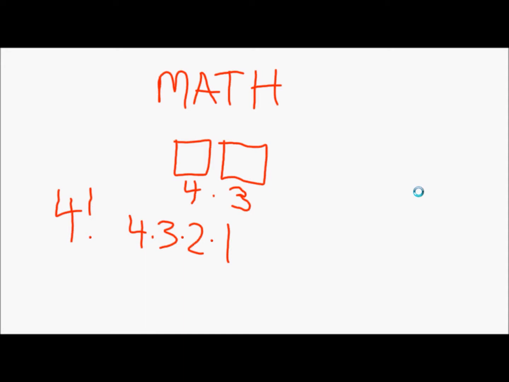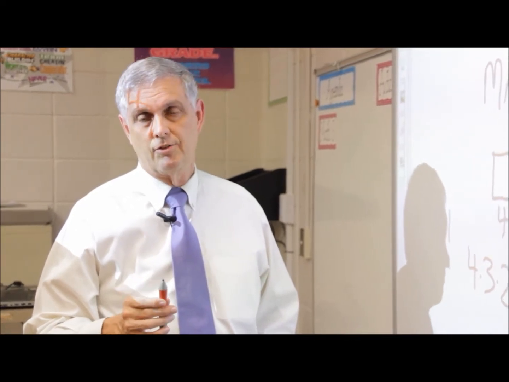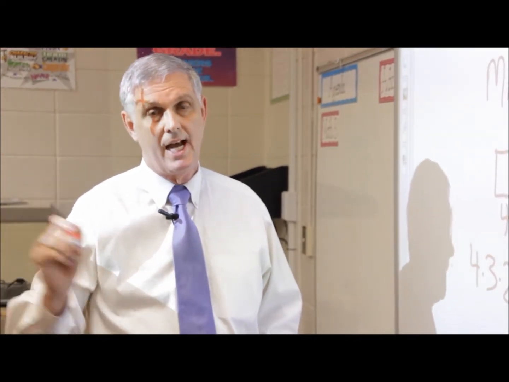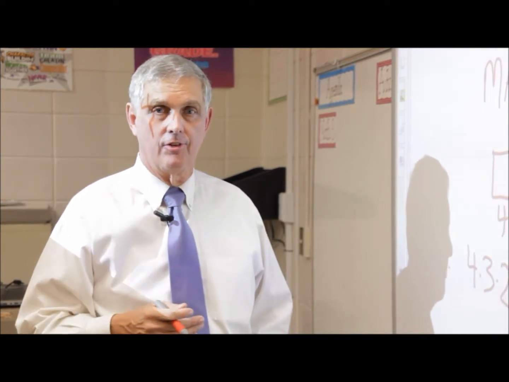So the possible number of combinations you could have in pairs like this is 12. So this is basically what permutations are. Let's take a look now at some of the math examples straight out of your Princeton Review and see how we use this concept to solve problems.